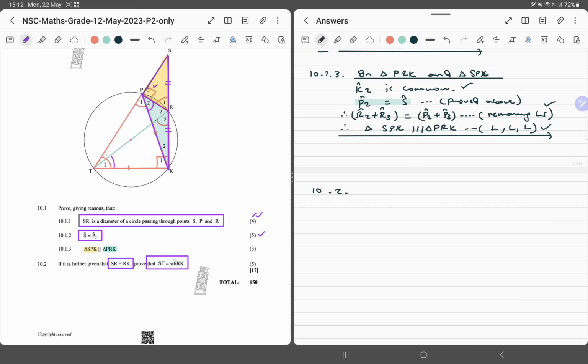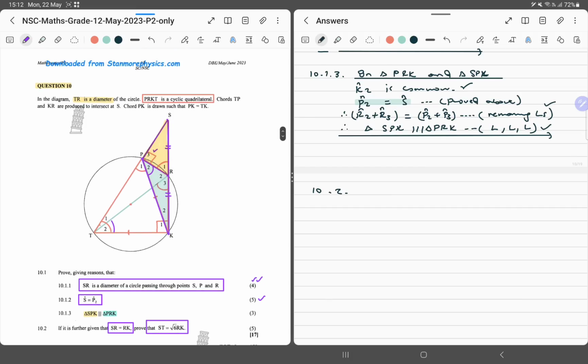Suplexity, boys. Suplexity. So we're trying to prove that that thing is the square root of 6RK.